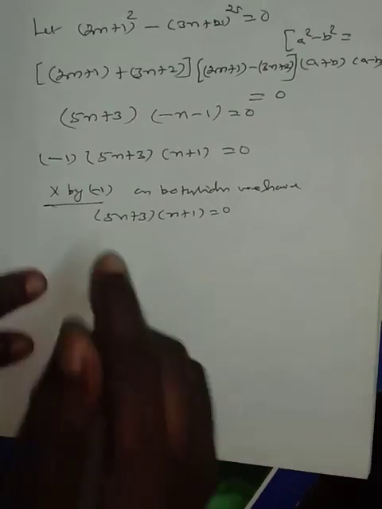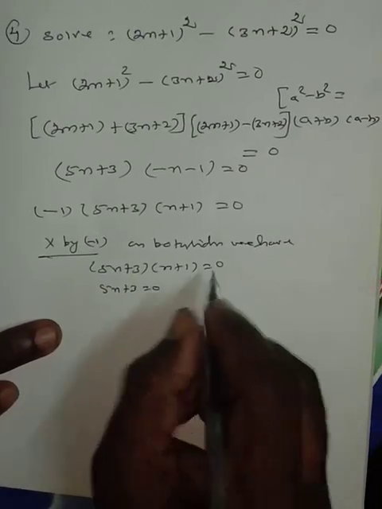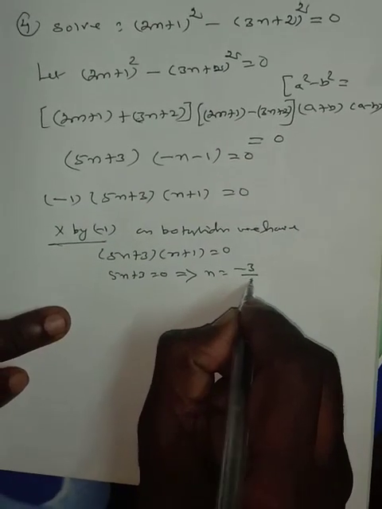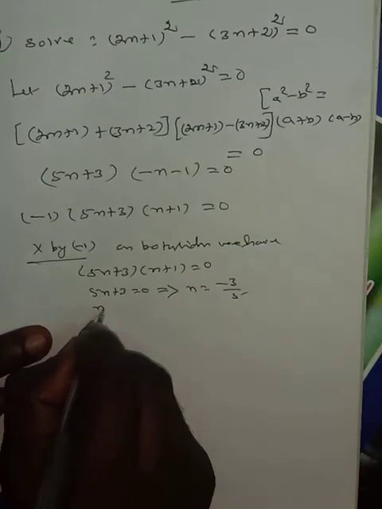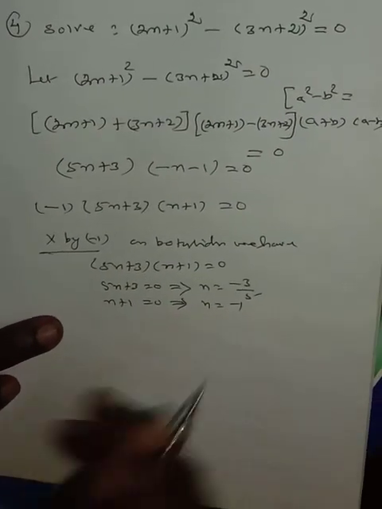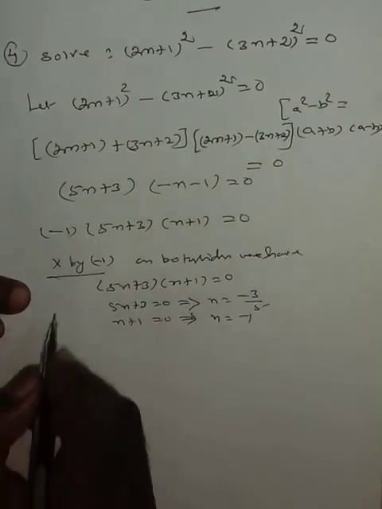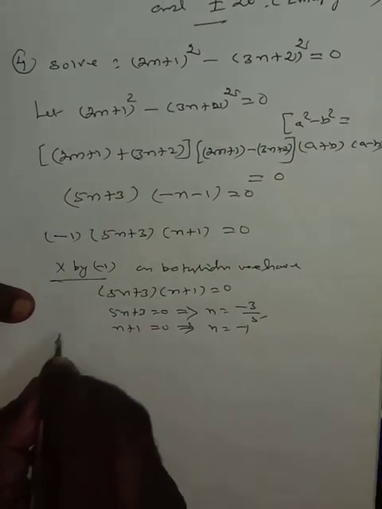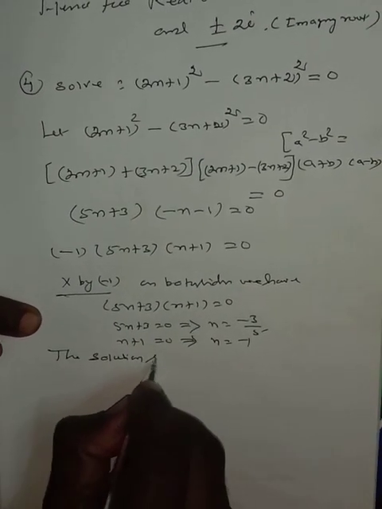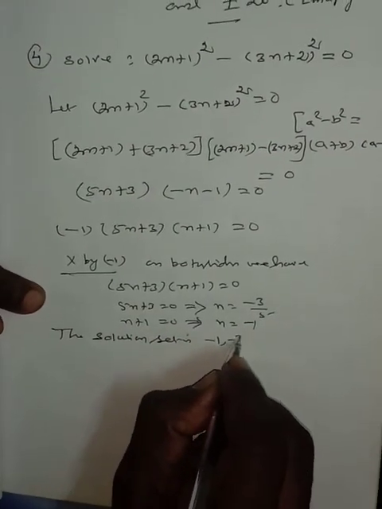This means 5x plus 3 is equal to 0 implies x is equal to minus 3 divided by 5. x plus 1 is equal to 0 implies x is equal to minus 1. So the solution set is minus 1, minus 3 by 5.